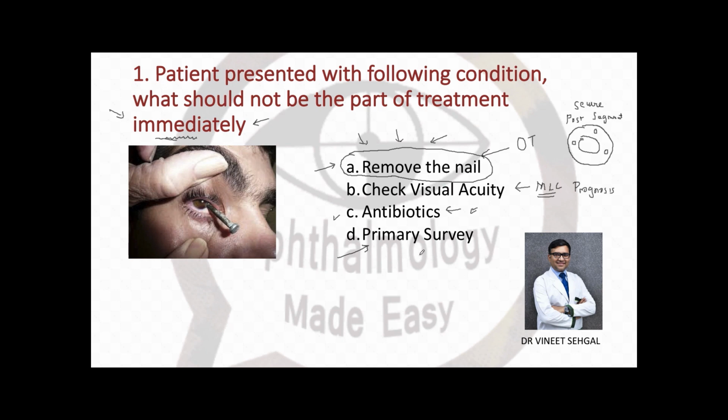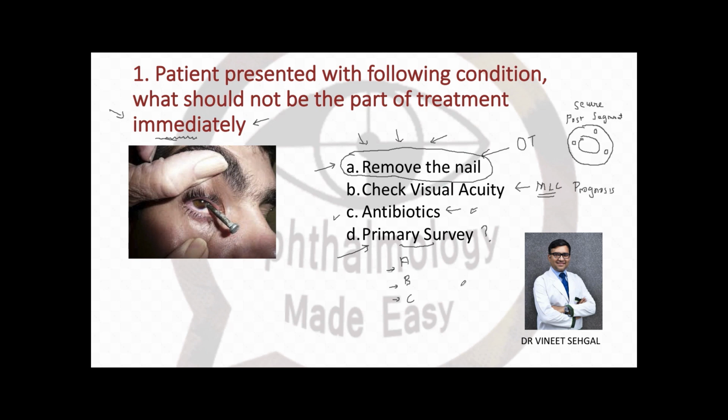What is primary survey? Let's say if they are asking about the ABC, that is the airway, breathing and circulation. Now normally in ocular trauma, you don't do a primary survey. The patient may be breathing well, but sometimes there can be an oculocardiac reflex. So primary survey is a question mark.